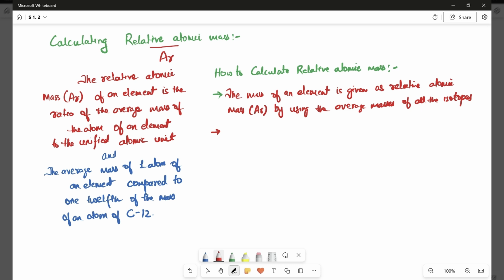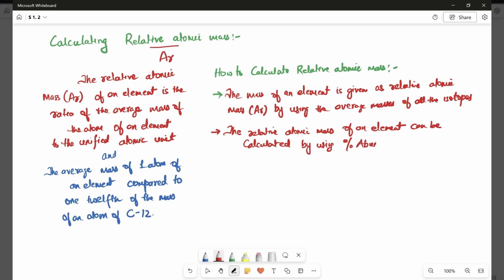So we can say that the relative atomic mass of an element can be calculated by using percentage abundance value.